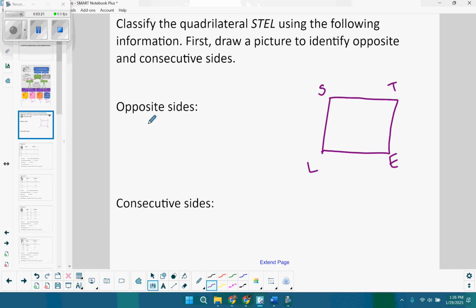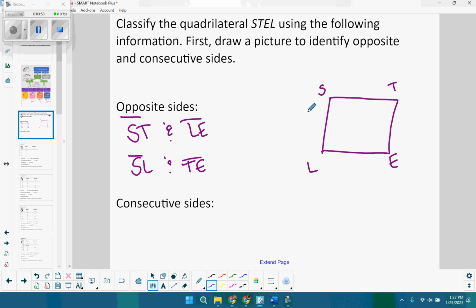The sides that are across from each other would be ST with EL, but also SL and TE. So that was ST and EL. That was SL and TE.